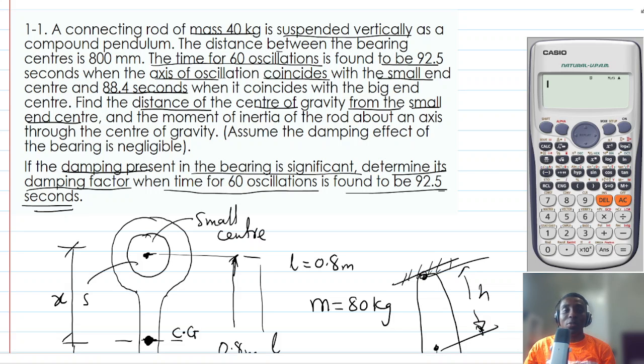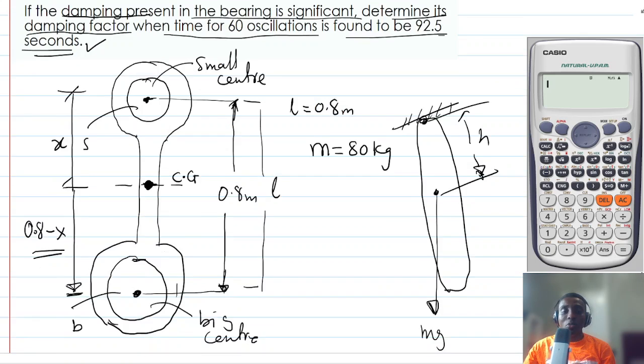So you see that the time for 60 oscillations is 92.5 seconds, and when the axis coincides with the small center, it is 88.4. So we should find the damping factor, or the damping ratio.